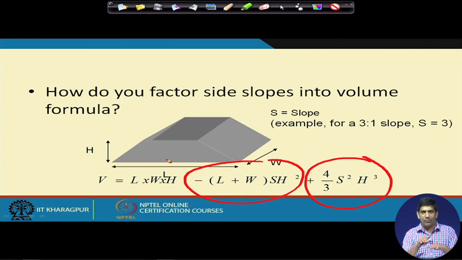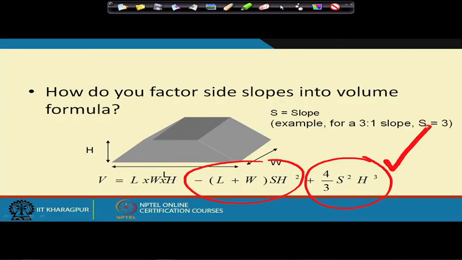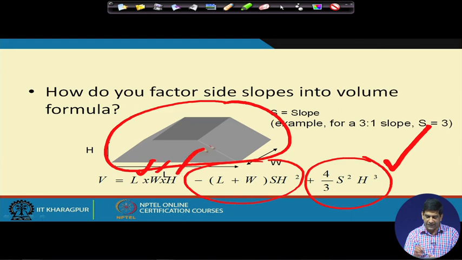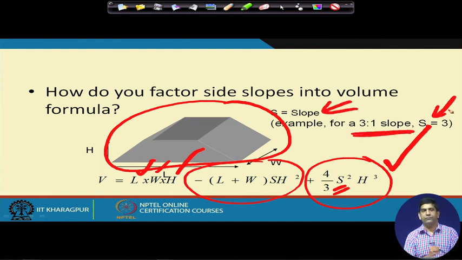The width is the same, but the top length is not the same as the bottom length. So based on that, we can calculate, and this is what we get in terms of the volume calculation. Here L is length, W is width, H is height, and S is the side slope. For a 3:1 slope, S is 3.